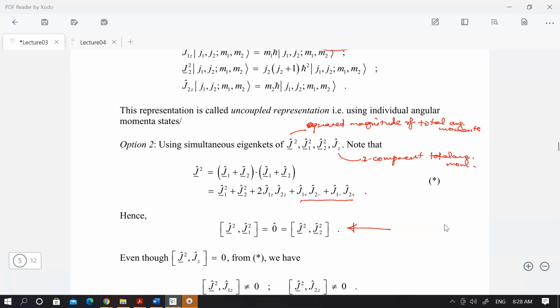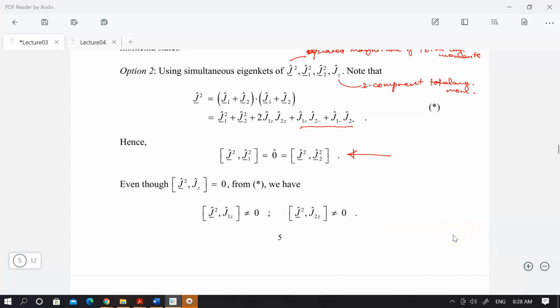But you also have your J1 squared and J2 squared, as they commute with J squared. Then these will also come into the labeling of your angular momentum state for the composite system.